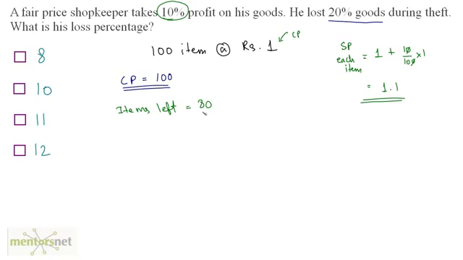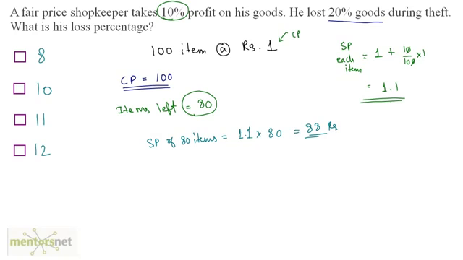What is the selling price of 80 items? Because we only have 80 items left, as 20 items were stolen. The selling price of 80 items is 1.1 times 80, which equals 88 rupees. So the selling price is 88 rupees.